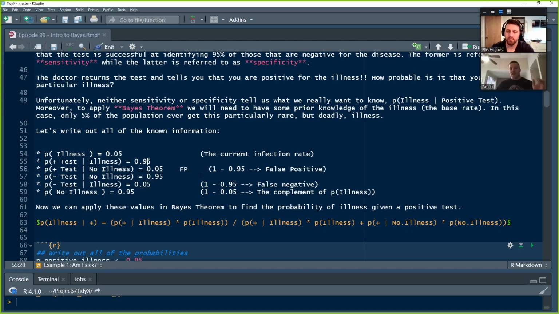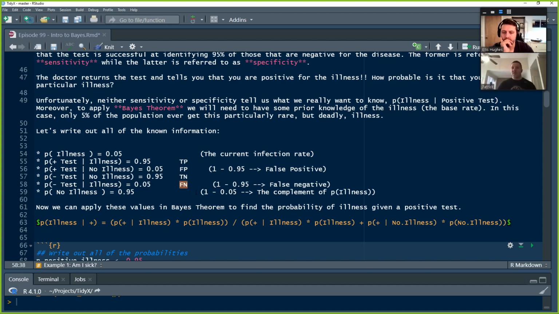The specificity is the probability of a negative test when you have no illness. This is our specificity. We talked about that above, ruling people out. And therefore, the probability of a negative test given that you do have the illness is a false negative. It's 1 minus 0.95, it's 0.05, right?